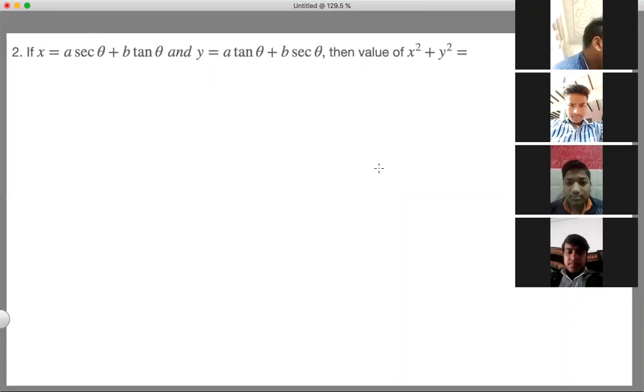If x is equal to a sec theta plus b tan theta and y is equal to a tan theta plus b sec theta, then the value of x square minus y square is... I think the question is written wrongly.